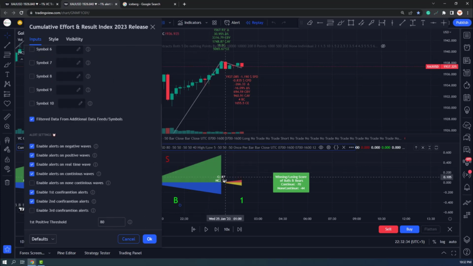You see here, continue, non-continue, because the first confirmation means at the end of the wave, when the wave is completed, we always get these comparison results on the completion of each wave. So this wave is already formed, and we have the first confirmation.